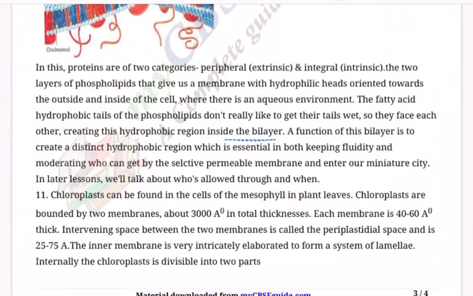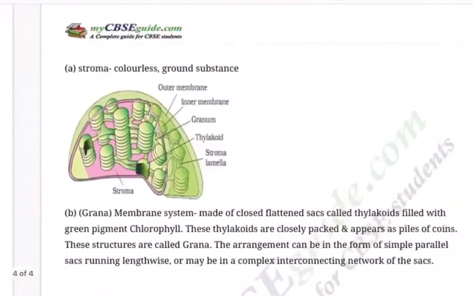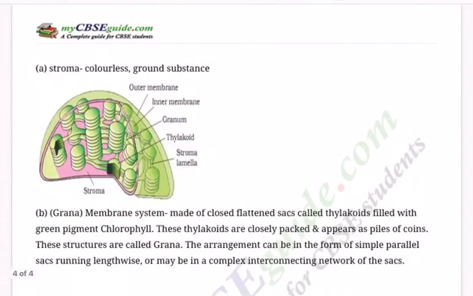The inner membrane is very intricately elaborated to form a system of lamellae. Internally, the chloroplast is divisible into two parts. Look at this. One is the stroma, the colorless ground substance. And another one is grana.